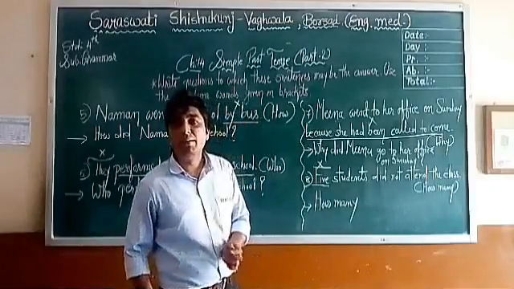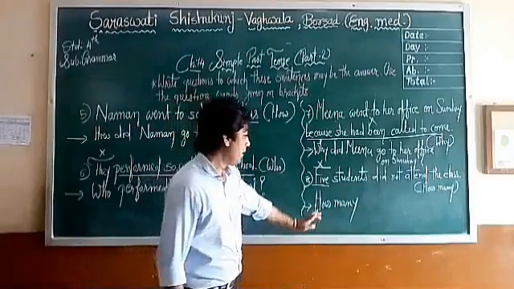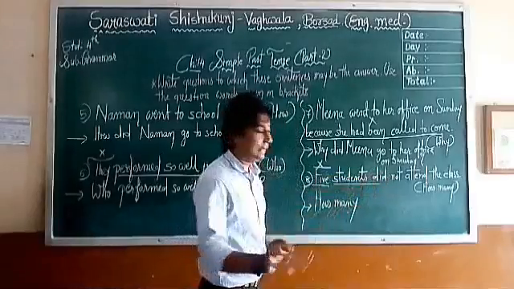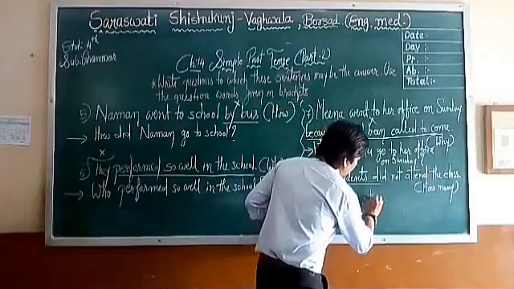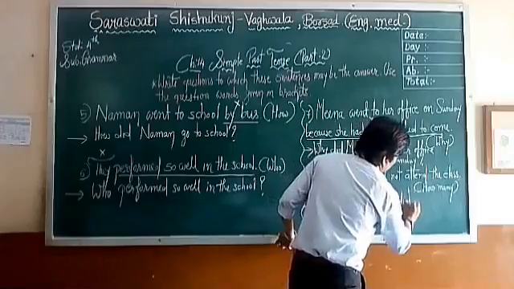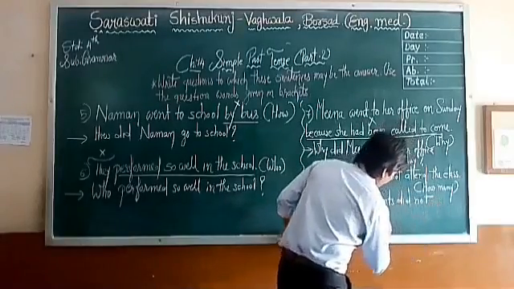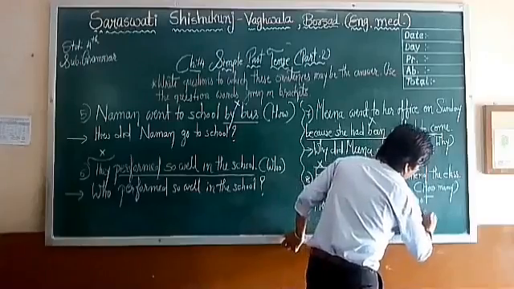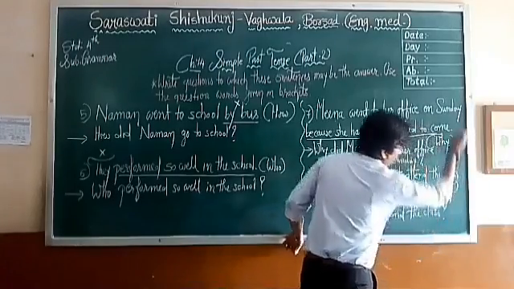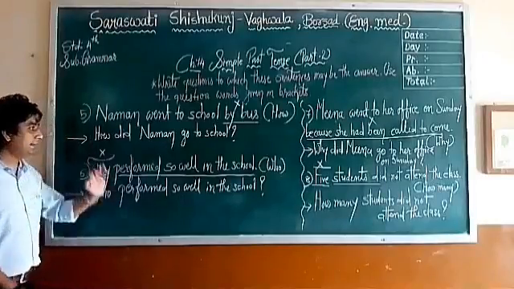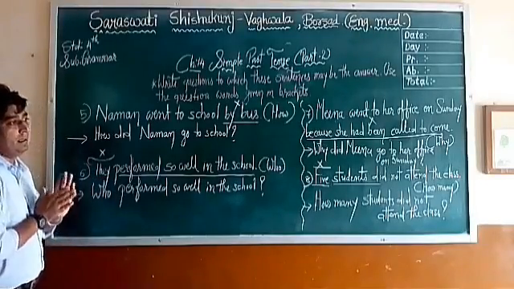So 5 will not be there in the question. So how many students? The rest of the sentence as it is. How many students did not attend the class? Okay, question. Right? So 5, 6, 7, 8.